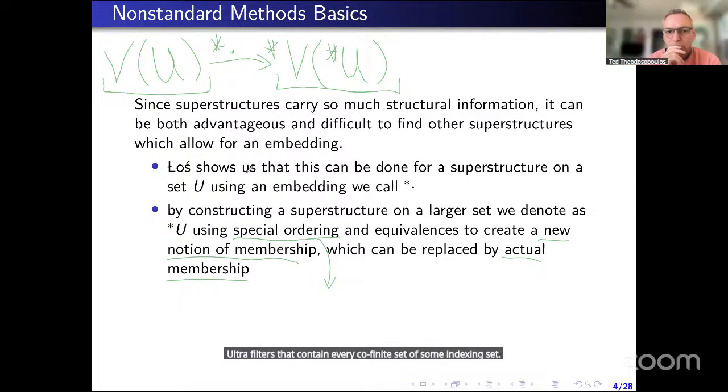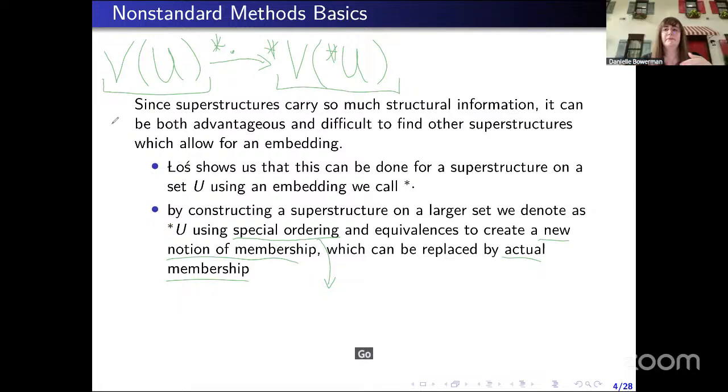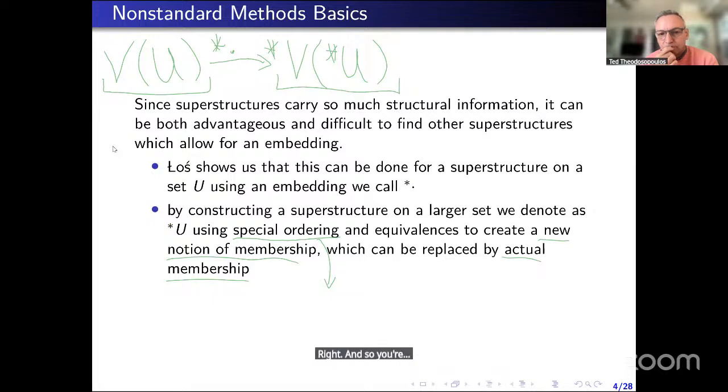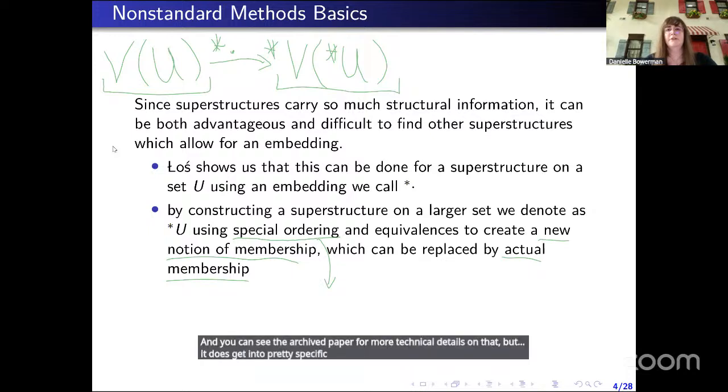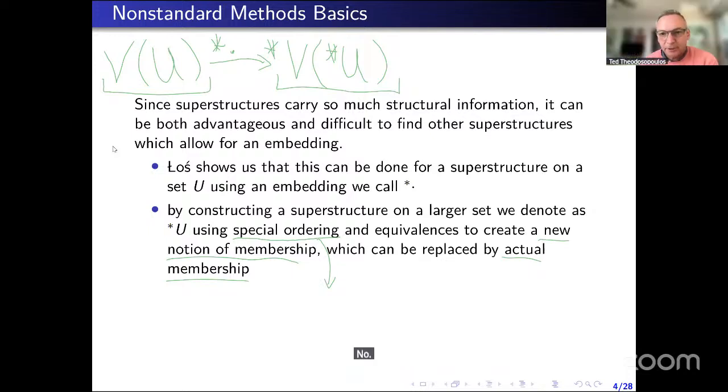Cofinite meaning that you're infinite, only leaving out a finite number. Right. You can see the arXiv paper for more technical details on that, but it does get into pretty specific minutia. I'm glad that we're not going there, but I just want to understand it in words.